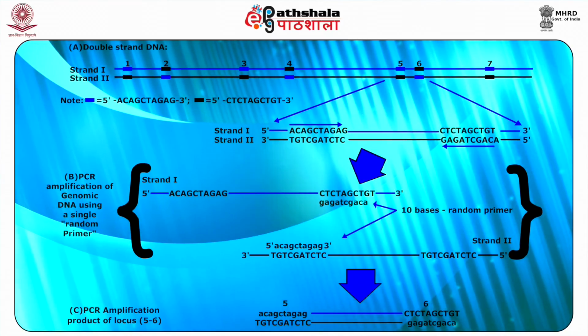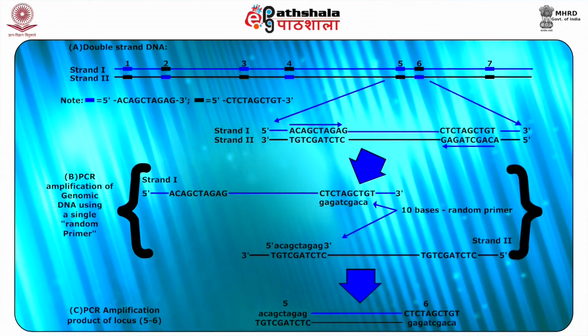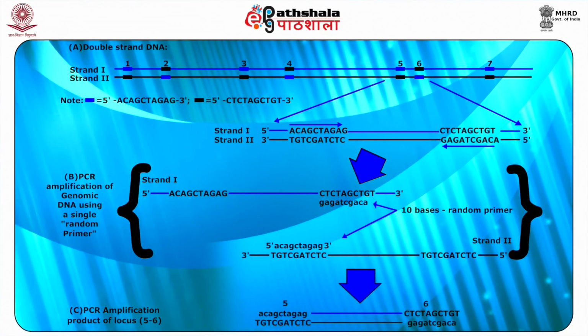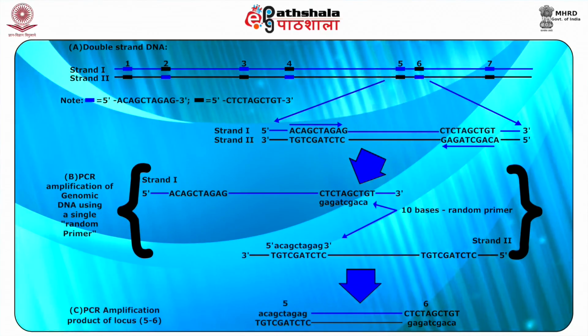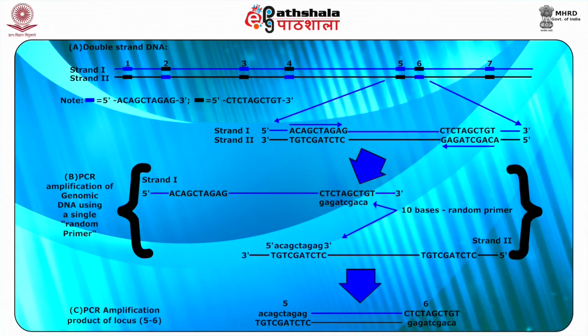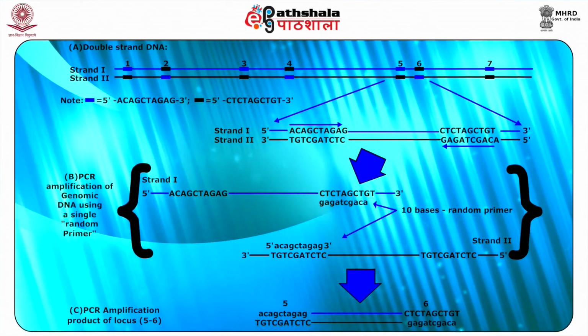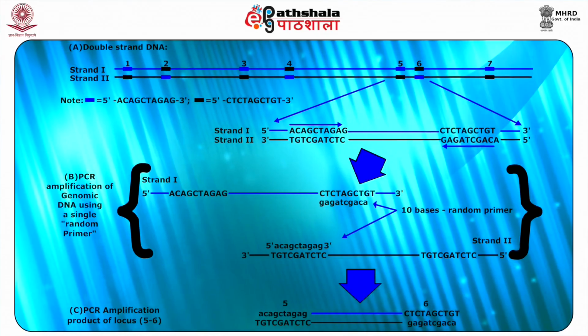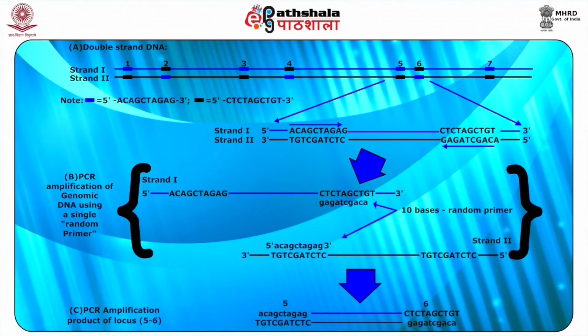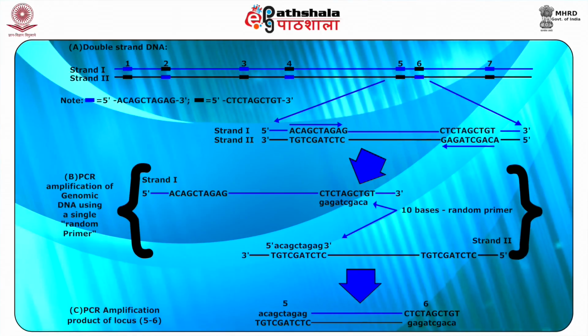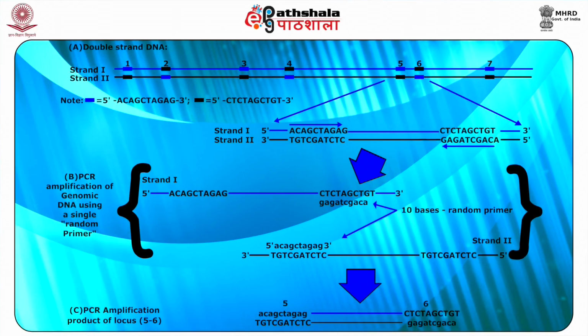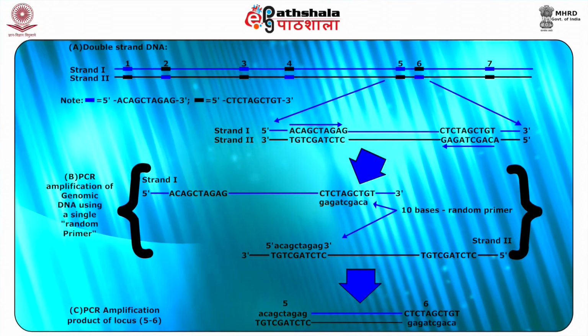The temperatures used and the length of time they are applied in each cycle depend on a variety of parameters. These include the enzymes used for DNA synthesis, the concentration of divalent ions and the dNTPs in the reaction, and the melting temperatures of the primers.